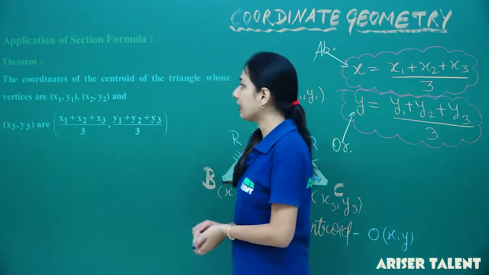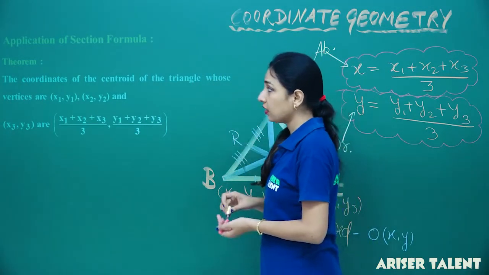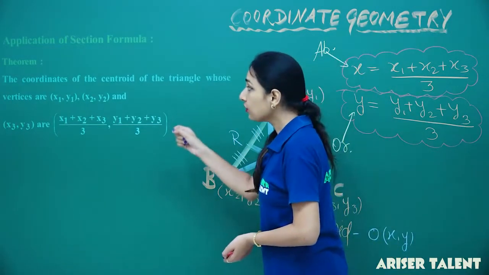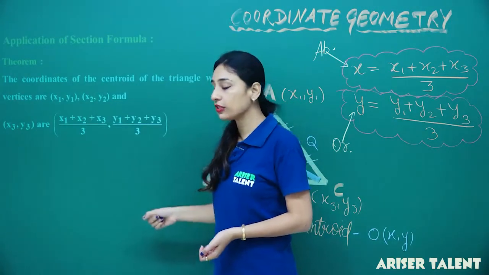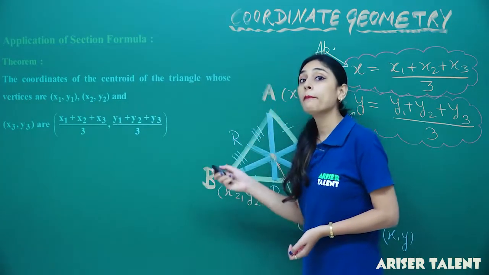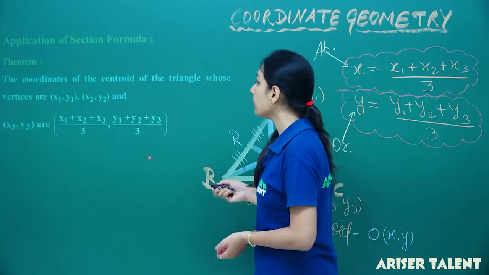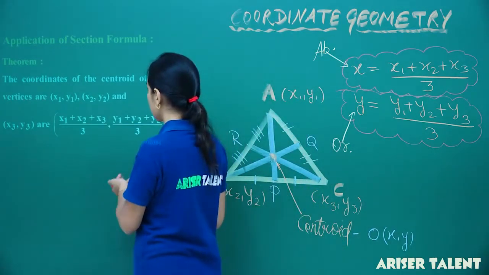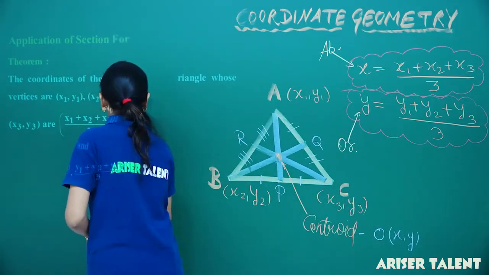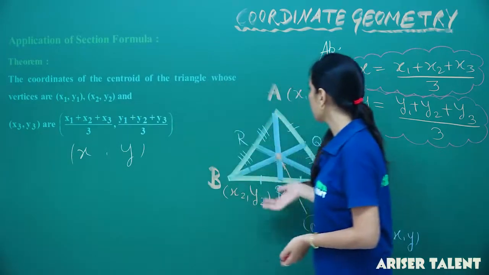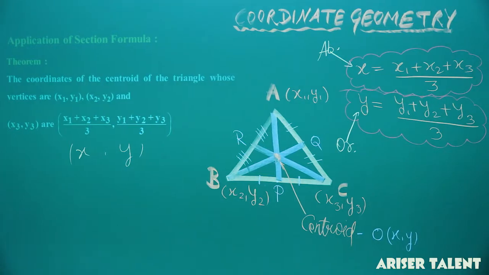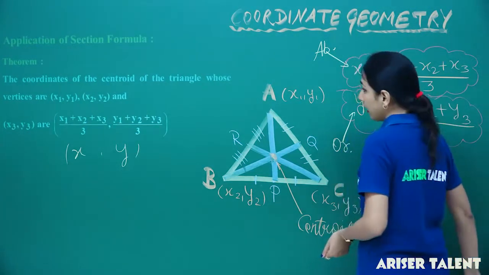This is the same thing we have mentioned in this slide: the coordinates of the centroid of the triangle whose vertices are x1, y1, x2, y2 and x3, y3 are (x1 plus x2 plus x3) by 3 and (y1 plus y2 plus y3) by 3. It's very much visible to you guys, so just note it so that we can move forward. Noted, guys? Okay.